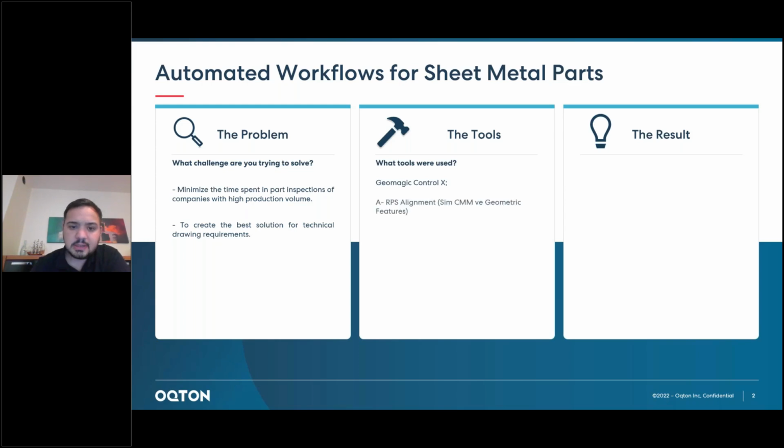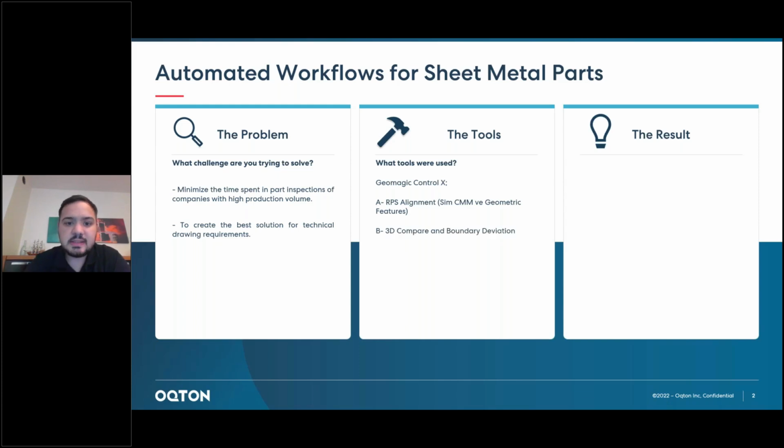This is our workflow for Control X. We first practice on the sheet metal. It's usually an alignment with RPS. They have the XYZ datum target points, and we need to align using these points. So the first topic of our webinar is the RPS alignment, using CMCML points and the geometric features.